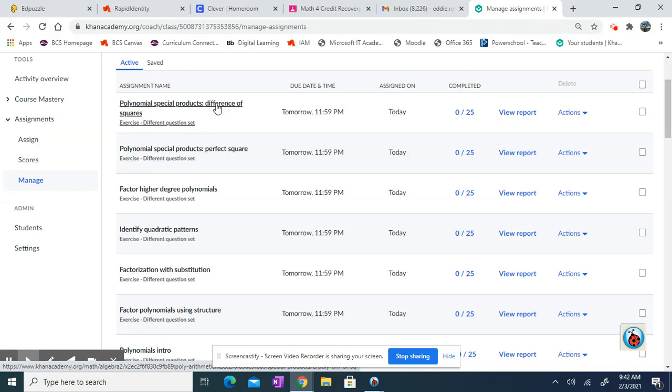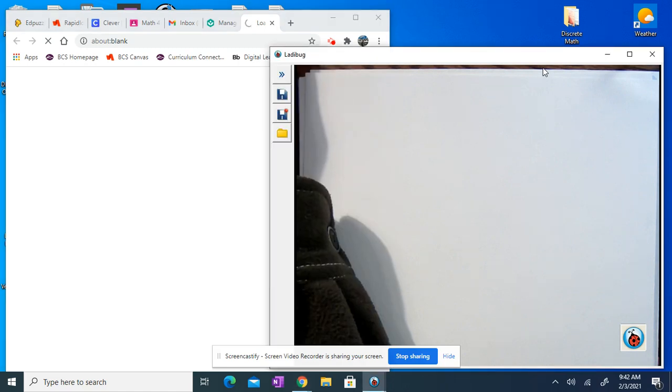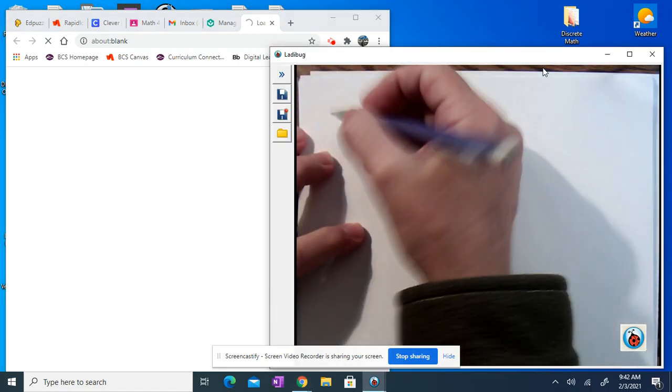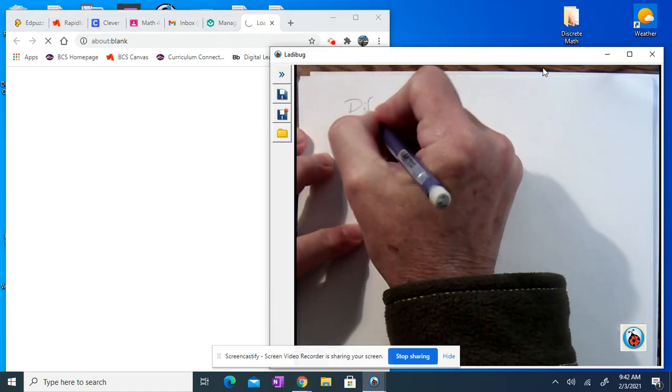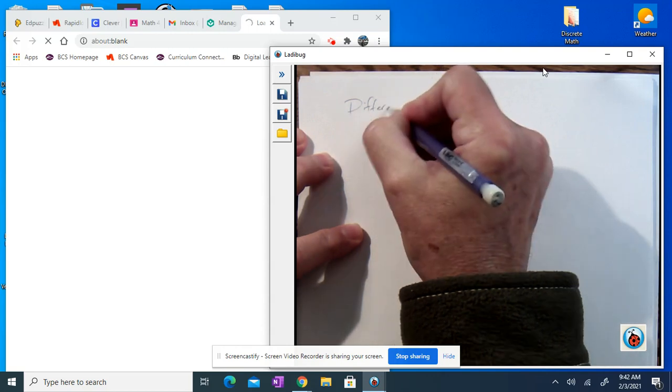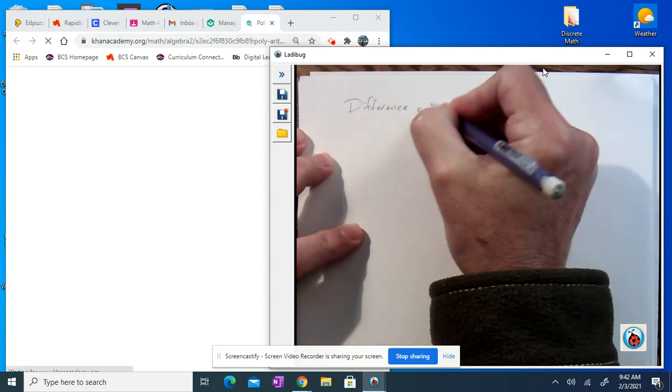So we'll start off with a difference of squares. Let me just write this out: difference of squares.